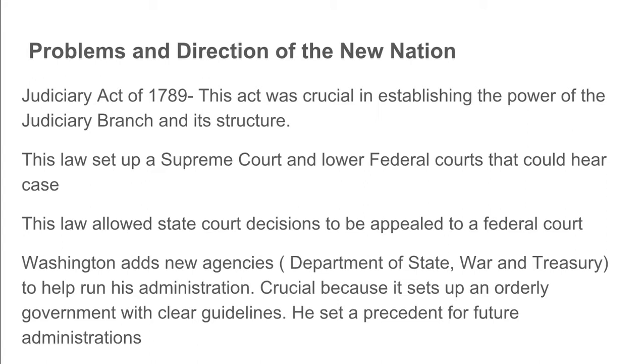Then the Department of War, which will be changed later on to the Department of Defense, will be responsible for training and equipping the nation with a military to protect it. And then the Department of Treasury is responsible for all monetary policies and things like that to help him run his administration.